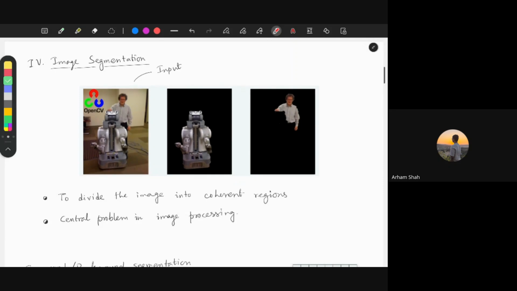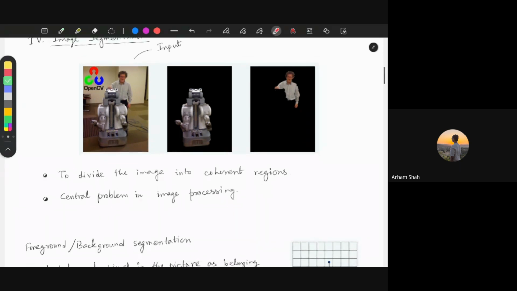Fourth is image segmentation. Suppose you have an image and you want to segment different parts of the image: foreground, middle, and background. How can you do that? These two are advanced. For now, we'll only talk about foreground and background, and dividing the image into coherent regions.